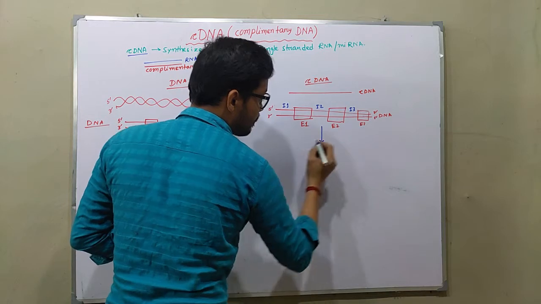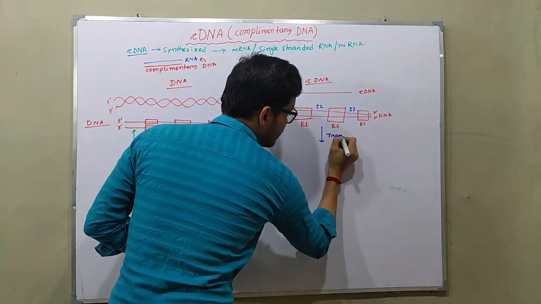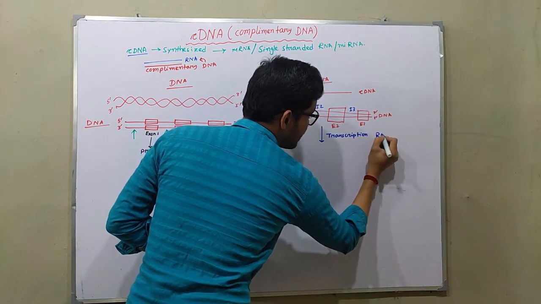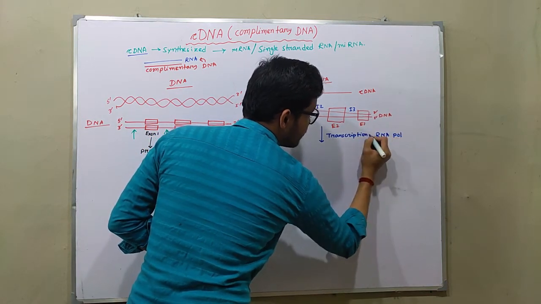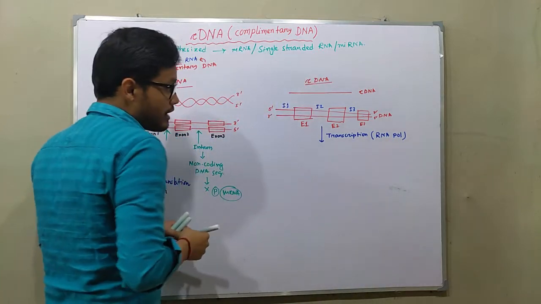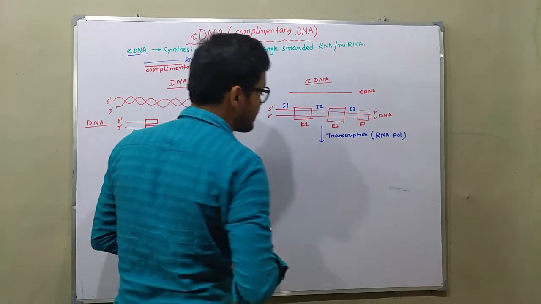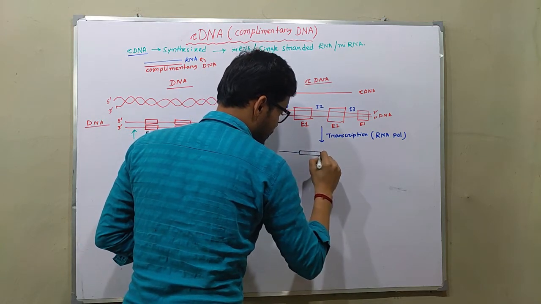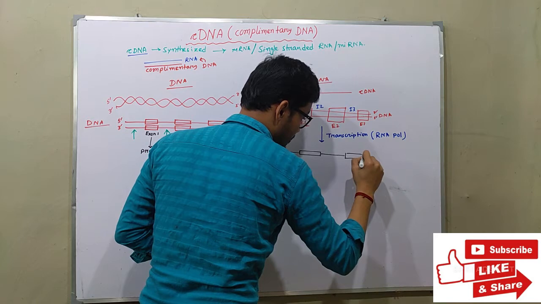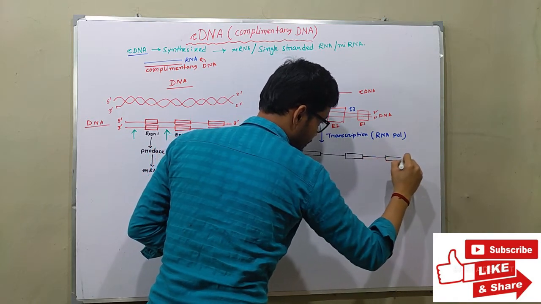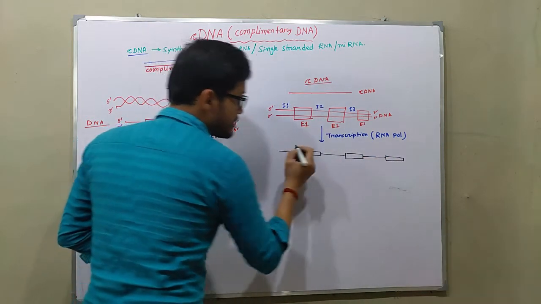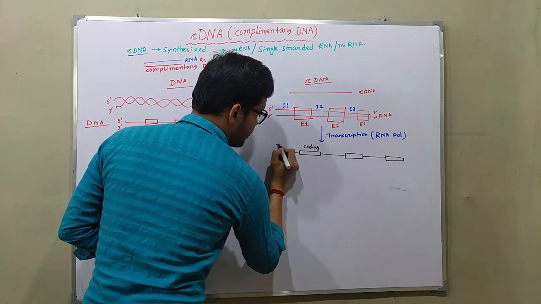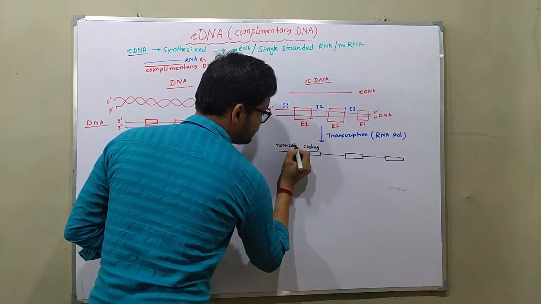From DNA, transcription occurs. Here RNA polymerase works, and we get a sequence of mRNA of this nature. That means here we have both coding sequence and non-coding sequence.